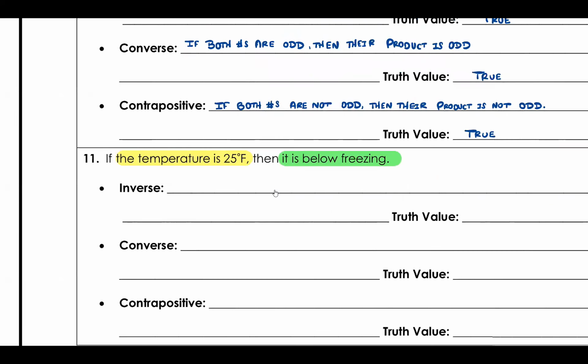All right. So we're going to negate both with the inverse. If the temperature is, what do you think? How would I negate it? Is not 25 degrees Fahrenheit. Then it is not below freezing.